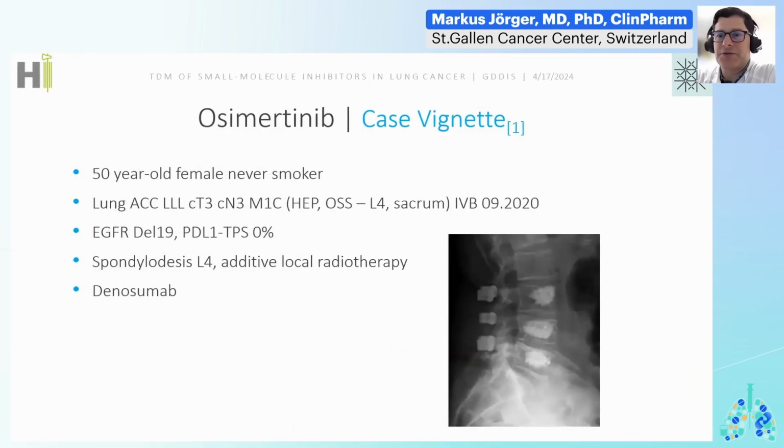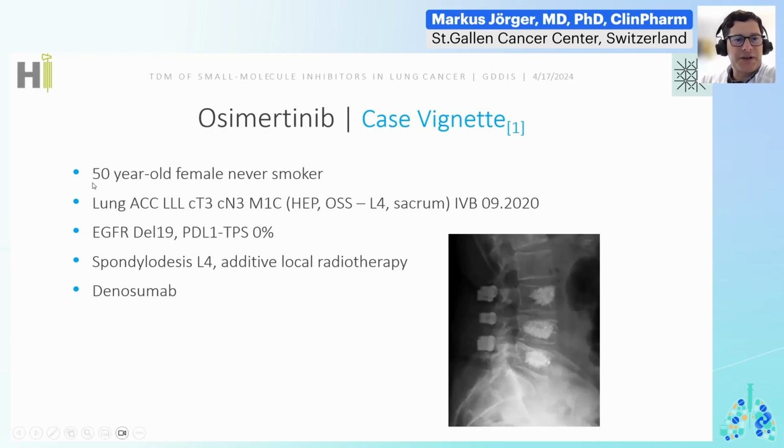And just to finalize, I think I have probably one more minute. One case vignette. There are several case reports in the literature, particularly with osimertinib, so I thought I would show a known one. We do opportunistic TDM in those patients. We unfortunately don't have yet a systematic program.